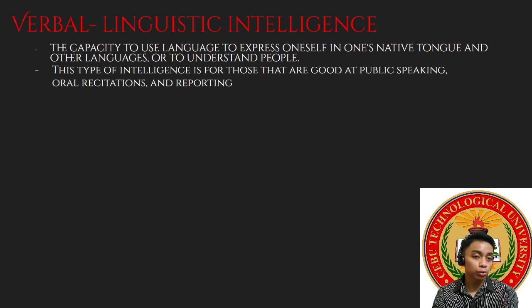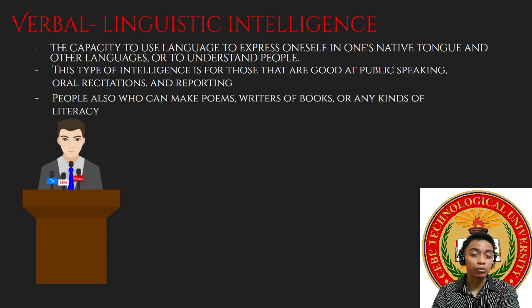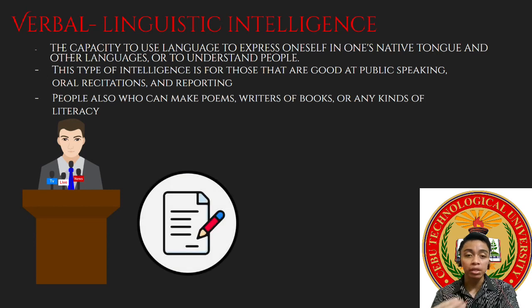Another example is a person who talks a lot, so they have verbal linguistic intelligence. They can speak their minds, in written exams and also chattering with their friends and loved ones. The next one is intrapersonal intelligence.